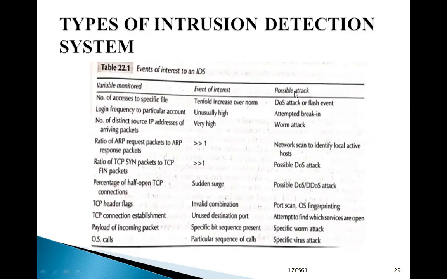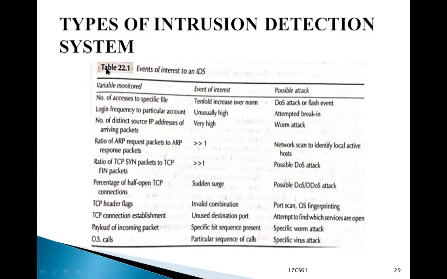DDoS is nothing but distributed denial of service attack. We'll be discussing the DDoS attack in the coming sessions. Briefly, a flash event is similar to a DDoS attack in which a large number of legitimate users start accessing a particular service concurrently, leading to the DOS attack. So that is about flash event.